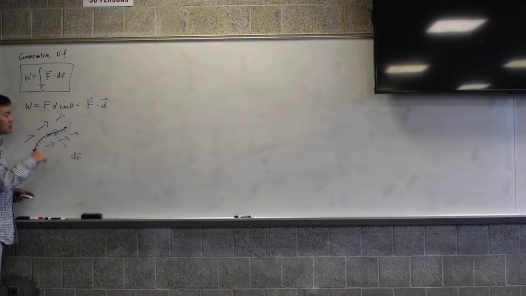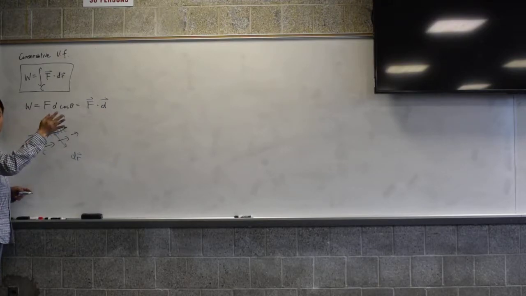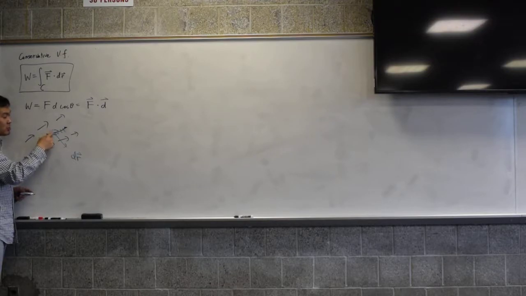Now, the good thing about dividing this into tiny things is that when you divide it to make it very, very small, then it looks like a straight line. And also, the vector field doesn't vary that much, and therefore the vector field can be thought of as constant as it goes from here to there, just that tiny little bit. Okay?